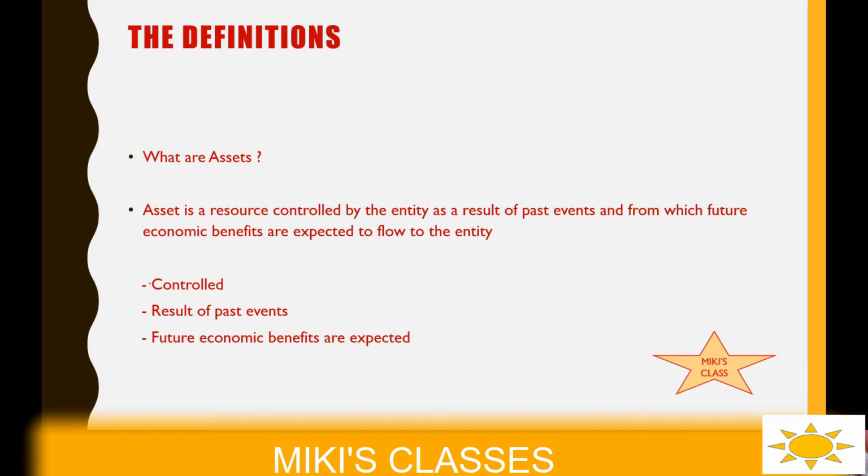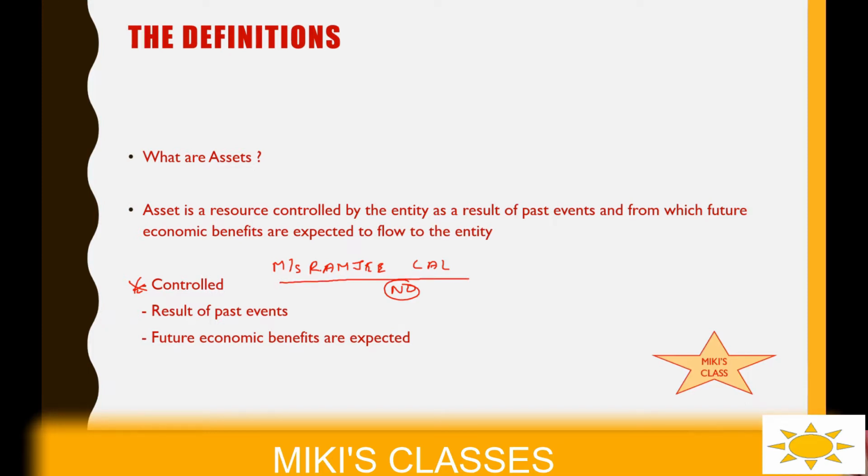The money which we have to pay to him, is it controlled by our business? No. So if any of these is a no, which means this cannot be an asset. This account cannot be an asset.